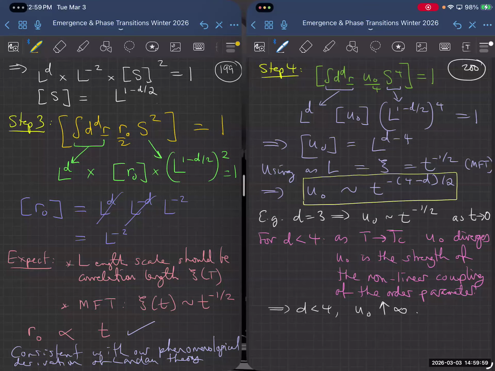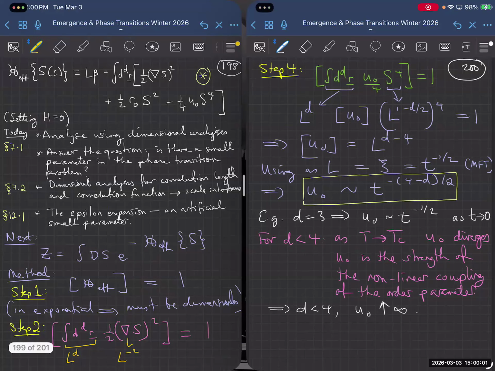And so whereas you might have thought that we could do perturbation theory, it dooms perturbation theory, and we'll see why in a second. Why does it doom perturbation theory?